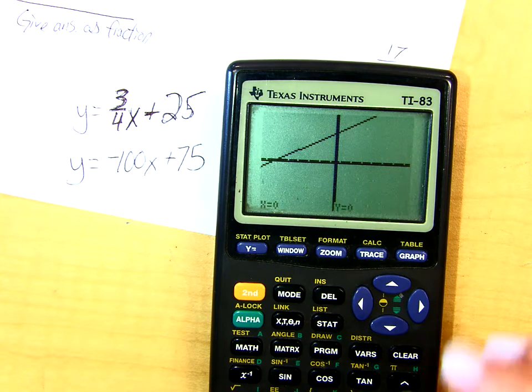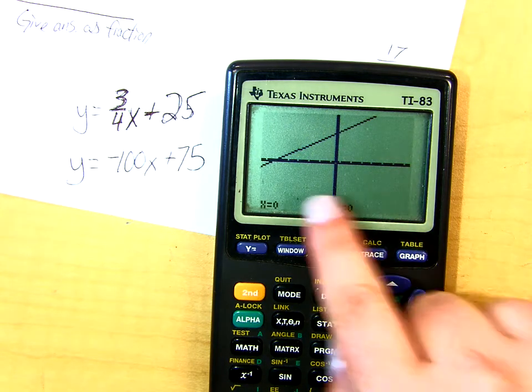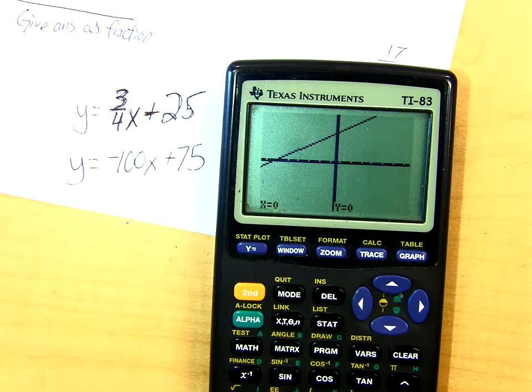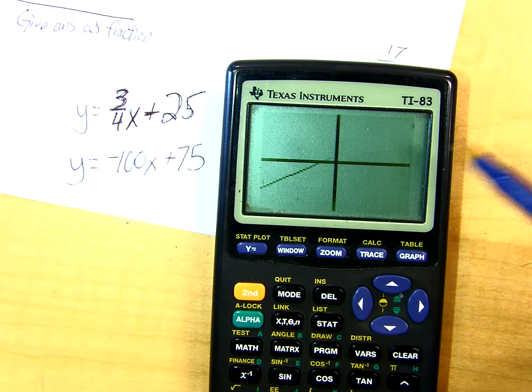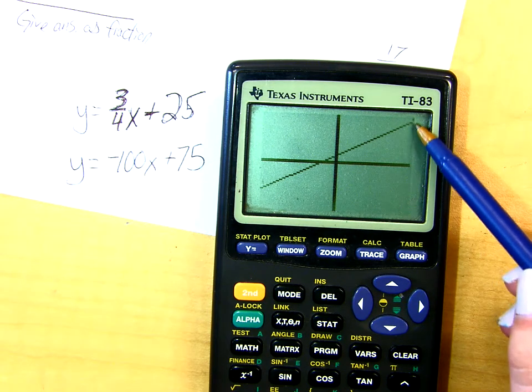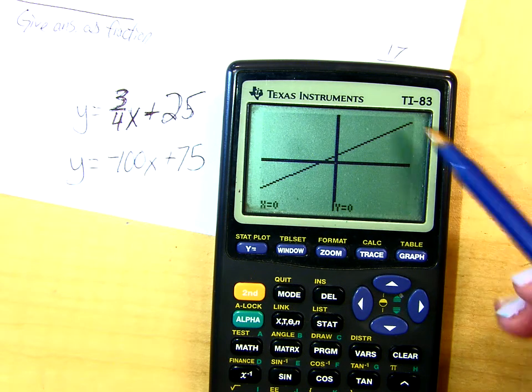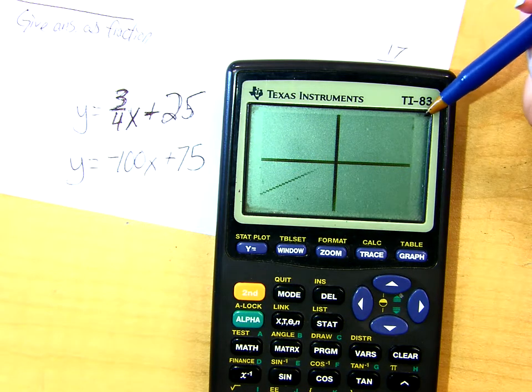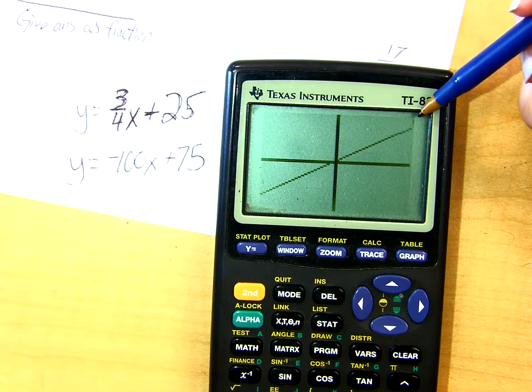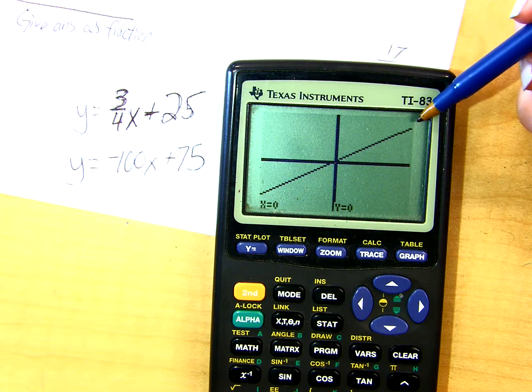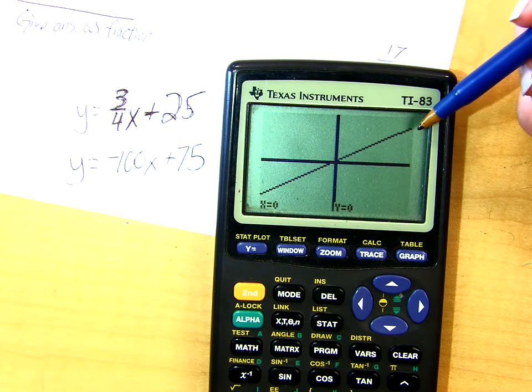By the way, if you need to keep zooming out, once the graph is done graphing, you can just hit enter again and it'll zoom out again. Look right here, there's this little bar that's like a progress bar. While that's going, don't touch anything because the graph is graphing.